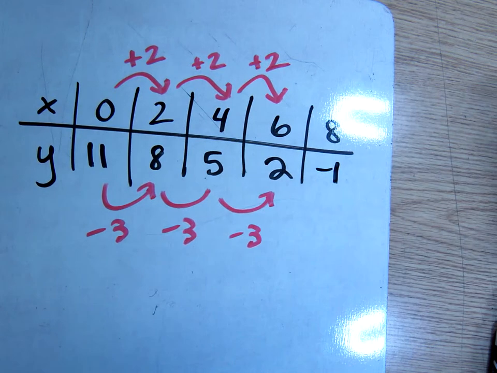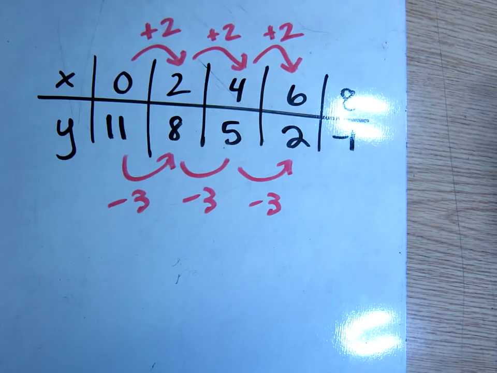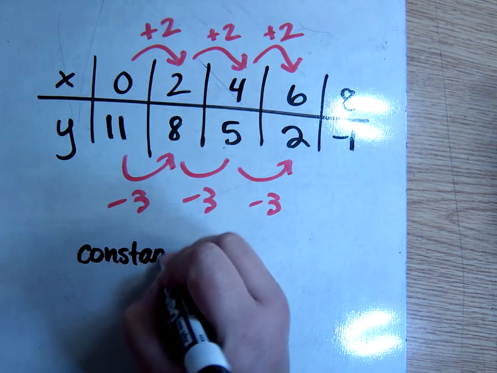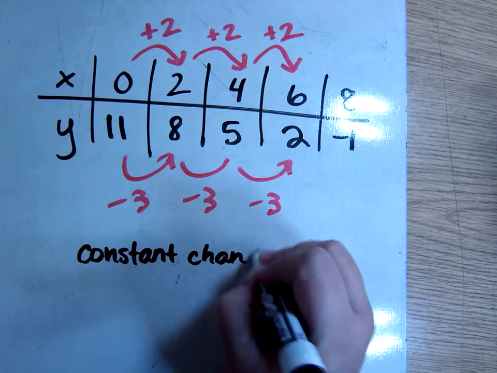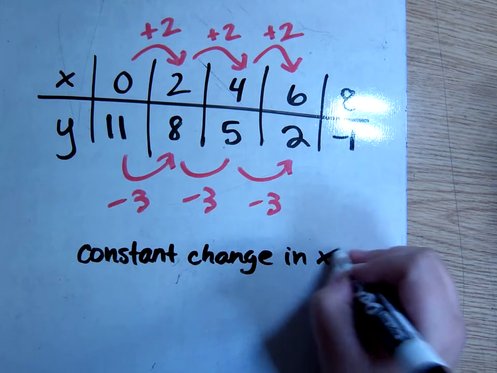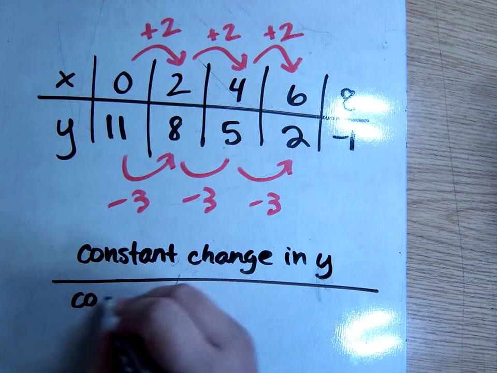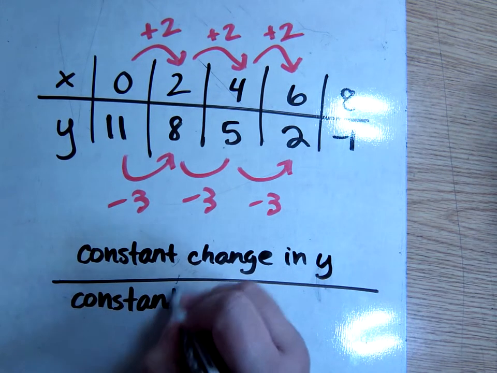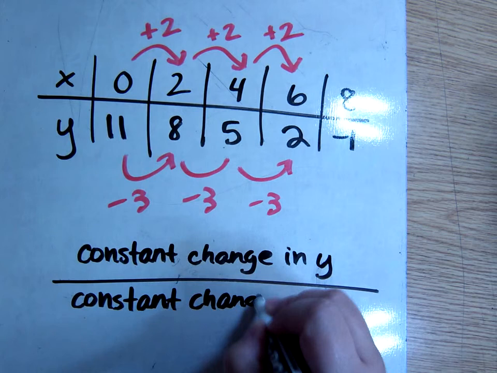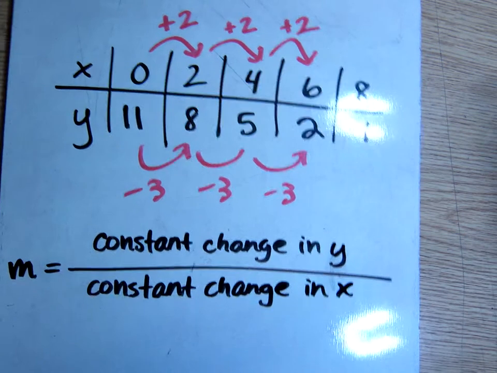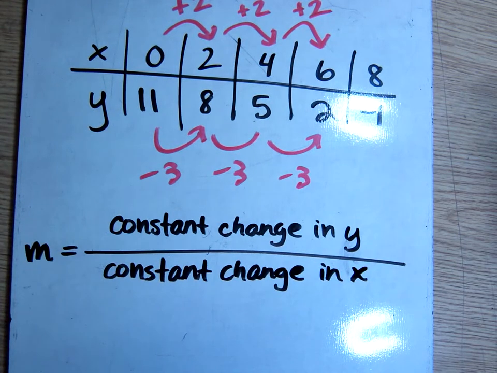Well, the constant change in y over the constant change in x is your slope. So that's how they relate. The constant change in y divided by the constant change in x is the slope. So that's how it's related. Okay, it's that ratio of constant change in y to constant change in x.